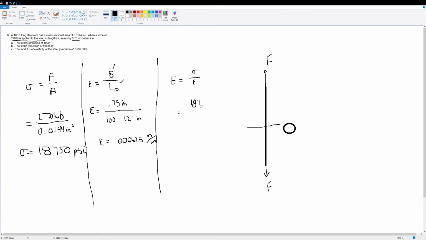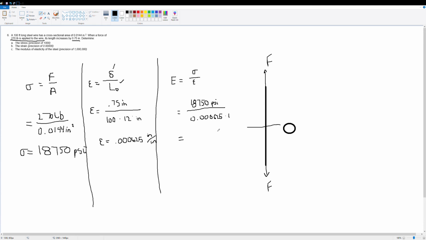So 18,750 psi calculated from part A, divided by the strain, which is 0.000625. And remember, this is inch per inch, or 1. So my final answer should be, that's correct, you guessed it, PSI. So let me go ahead and work this out.